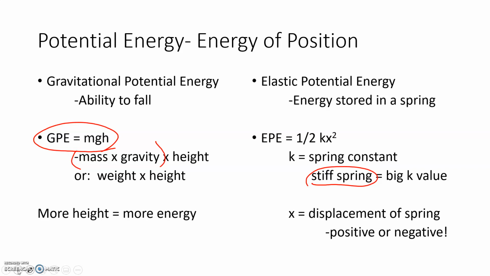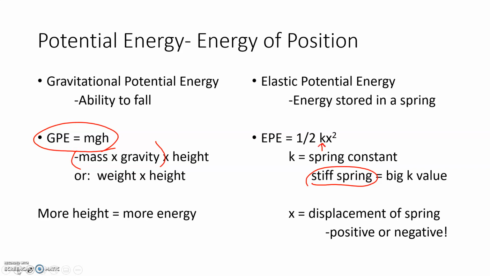Anybody who's ever had to buy springs? Any roboticists in here? They sell them by K values. Bigger, heavier springs have a higher K value. No, it's not because of the x squared, right? So the K value is how stiff the spring is.